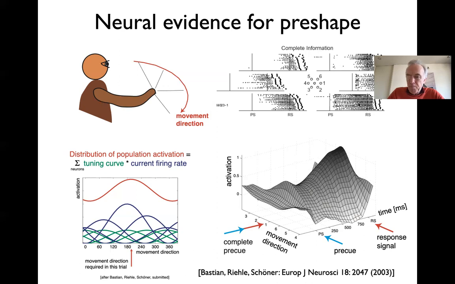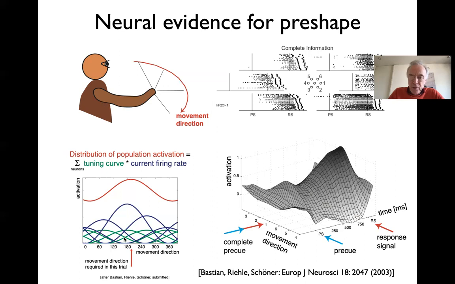And you can use these tuning curves to move in direction. Here, schematically shown by these green lines, to construct something we call a distribution of population activation. Simply, every neuron votes for its tuning curve with its current firing rate. Mathematically, it's sort of like a projection onto a space, the space of functions of movement direction.